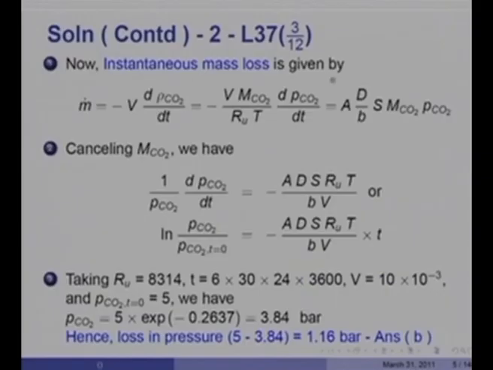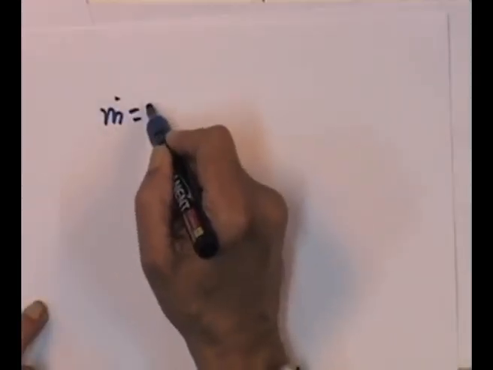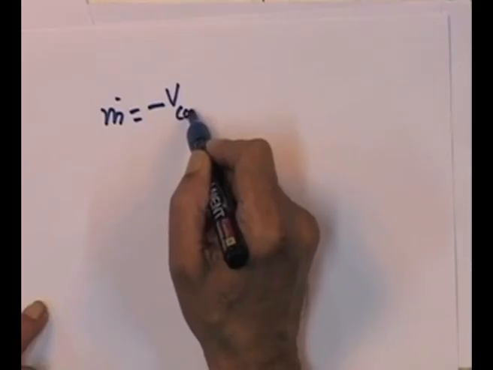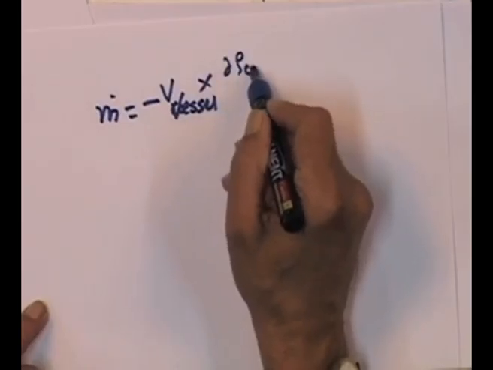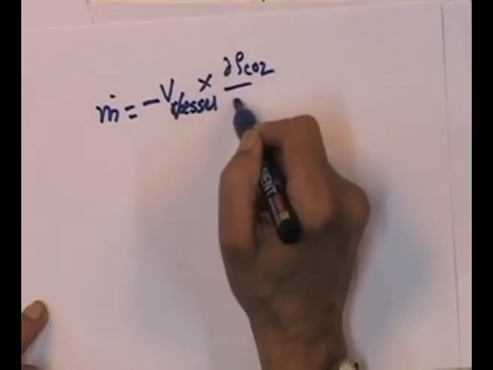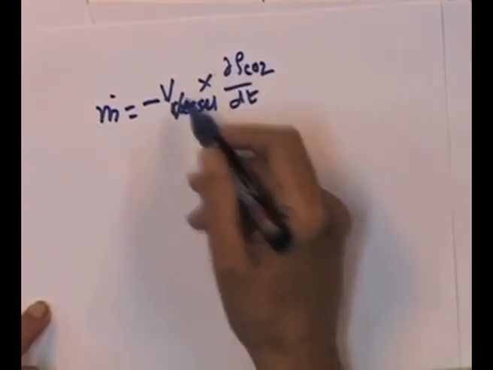Now, the instantaneous mass loss can be given by, you can see here that the mass loss m dot will be the vessel volume multiplied by the rate of change of density d rho by dt. The density into volume is mass, but the volume remains constant.